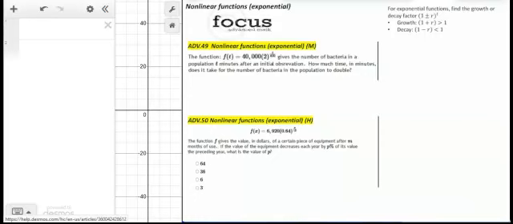And one of the other things that you need to be familiar with is when you have this t value, the time that it takes for this growth or decay to happen. If you have a fraction written there, then that means that every time period that happens, that fraction of it occurs.